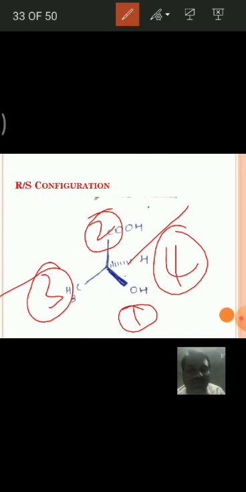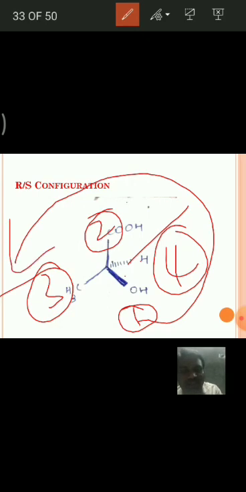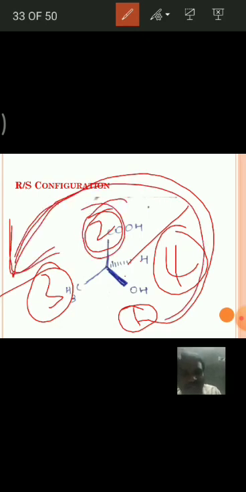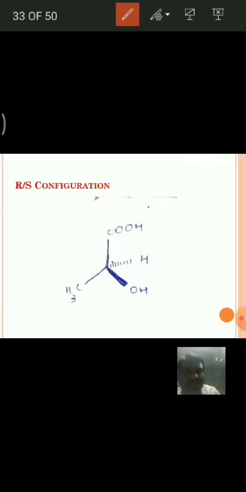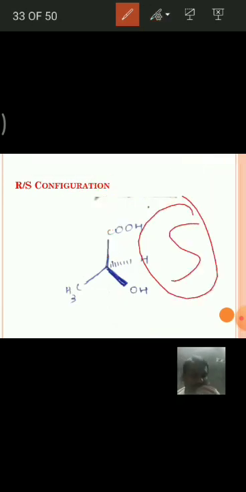Connect 1, 2, 3, that means 1 to 3 via 2, ignoring the fourth group. Not like this, we should connect 1 to 3 like this via 2. As it is anti-clockwise, this molecule is configured as S.